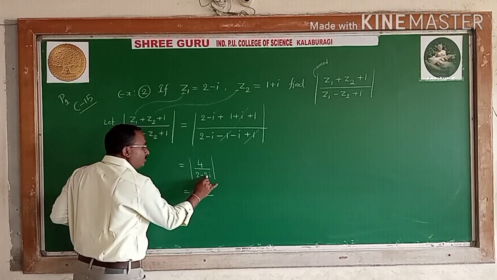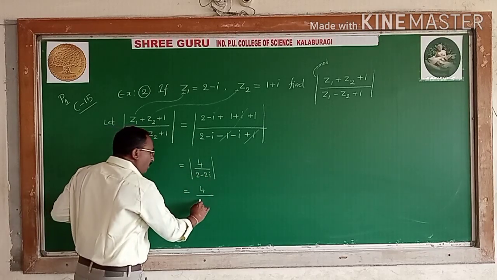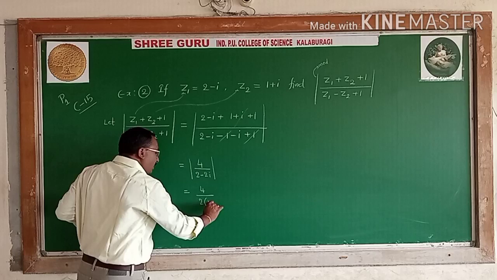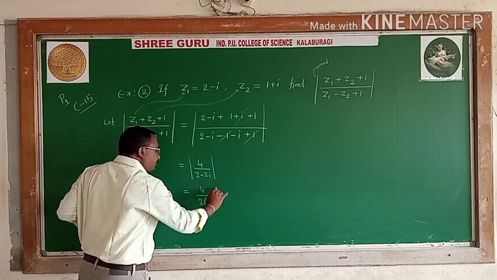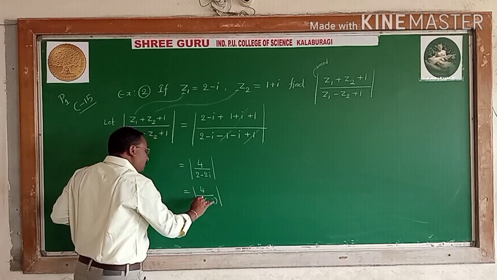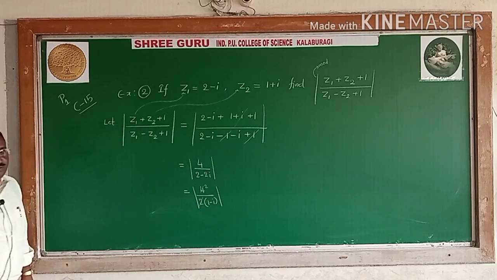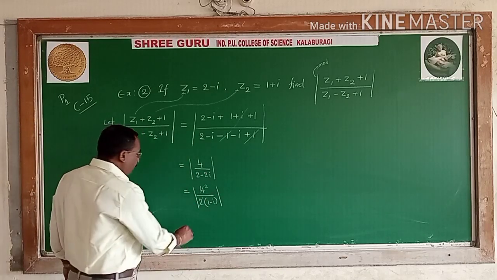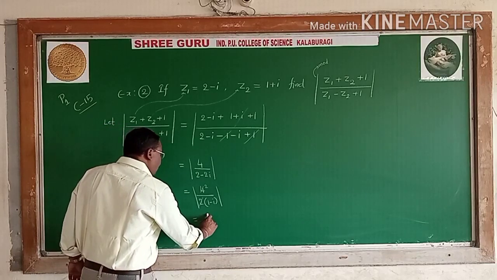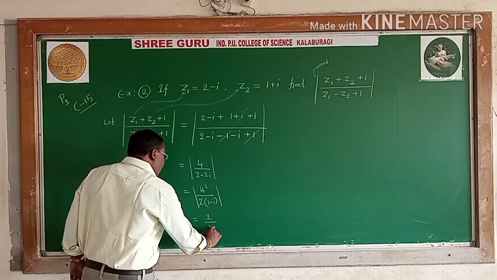Here 2 is there, taking 2 common, 1 minus i, modulus. Two ones are 2, two twos are 4. That is equal to 2 divided by the modulus of 1 minus i.